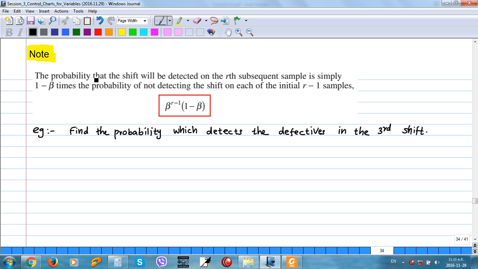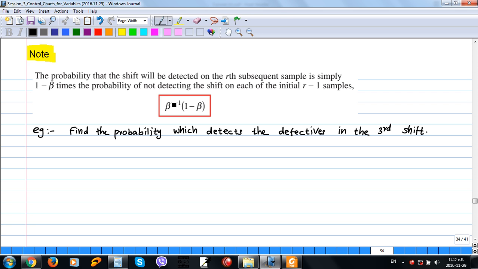The probability that the shift will be detected on the rth subsequent sample is simply 1 minus beta times the probability of not detecting the shift on the initial r minus 1 samples. So if r equals 3, it means beta square times 1 minus beta.